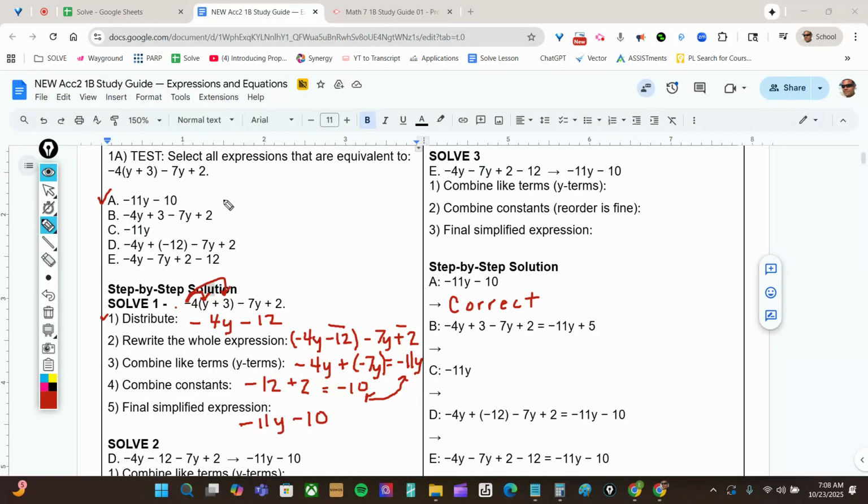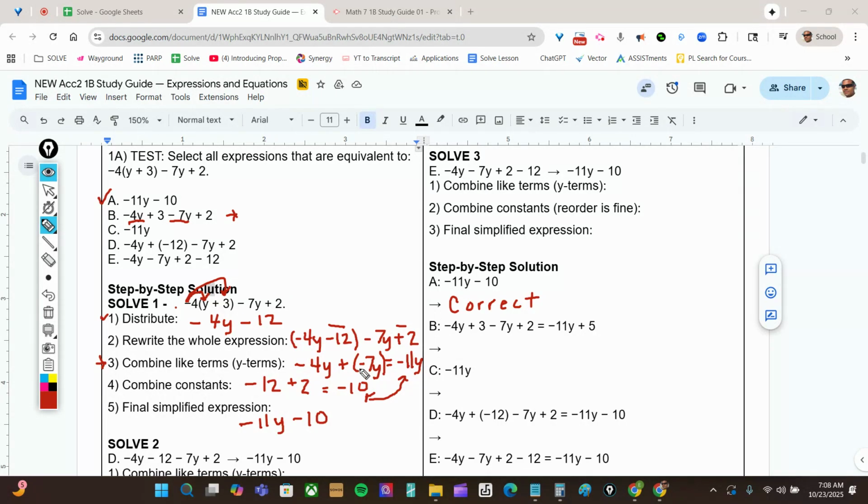We have a negative 4y plus a negative, negative 4y minus the 7y, which is the same thing that we did down here.